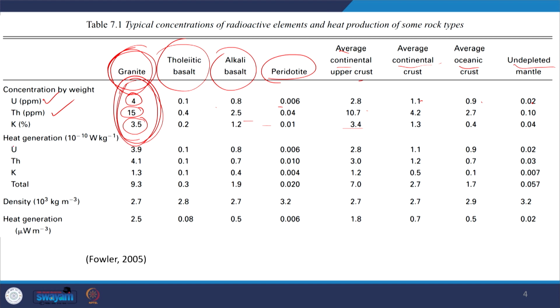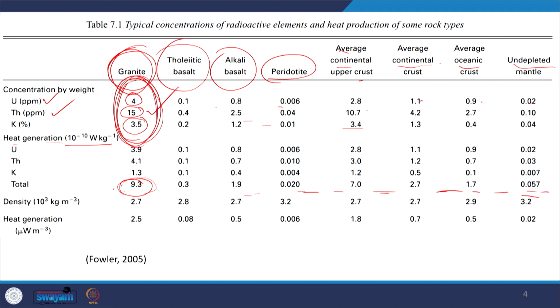Similarly, for heat generation, if you compare here uranium, thorium, potassium and the total, the unit for total heat generation is given here. The total heat generation in granite is higher compared to other rocks. That means the minerals which are producing heat are highly concentrated in the granitic body.